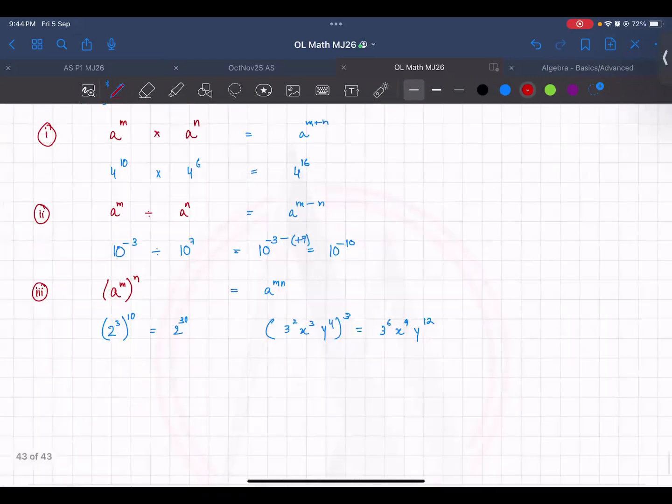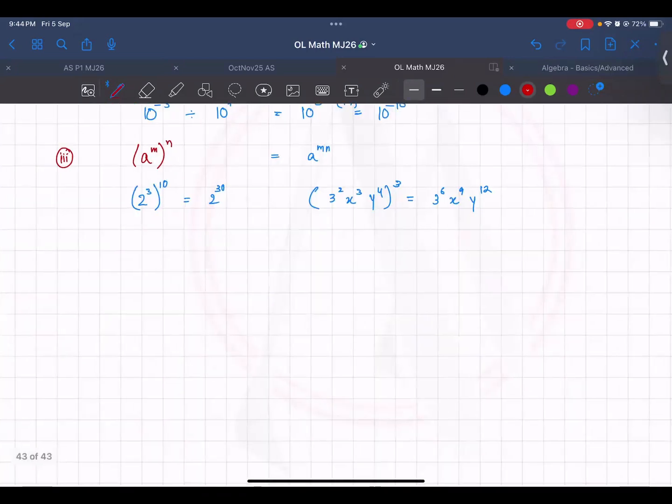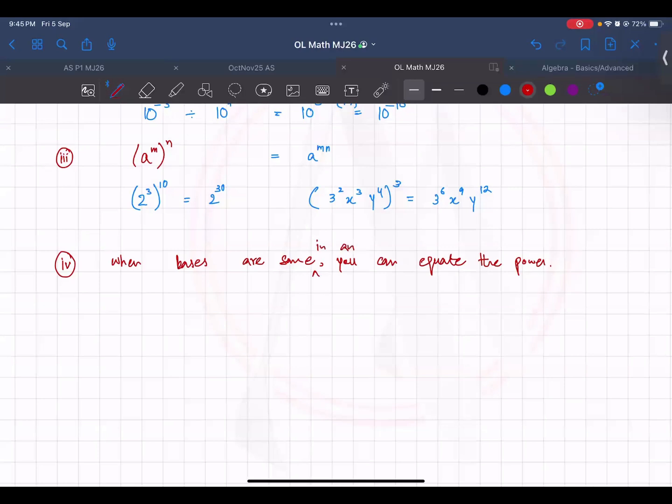और क्या होता है? When bases are same in an equation, you can equate the powers.